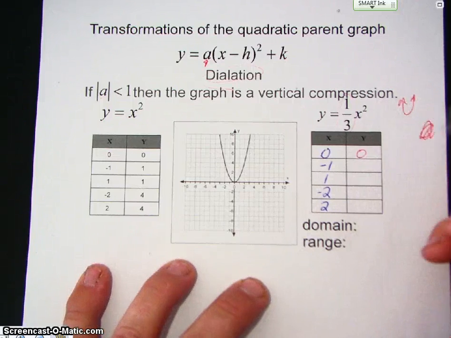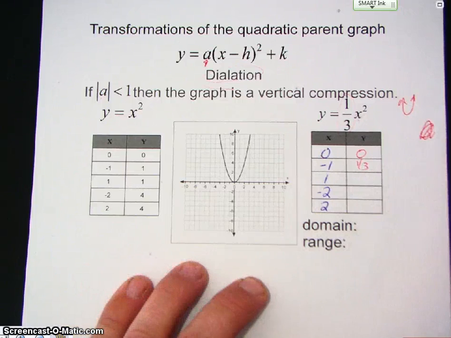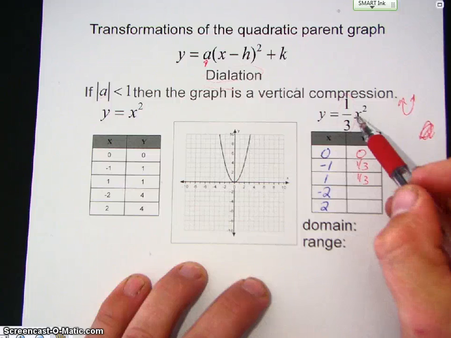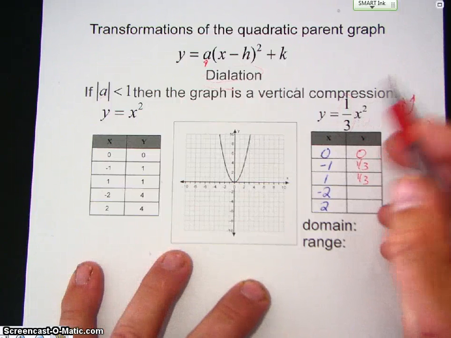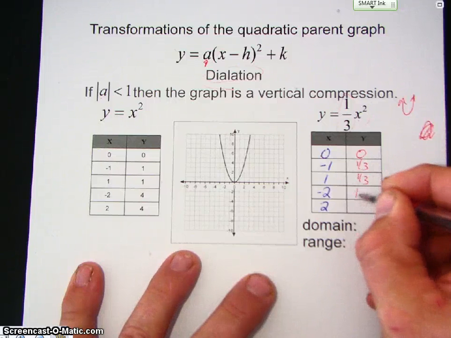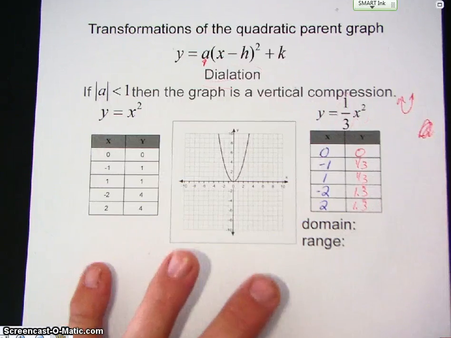I still get 0, but for negative 1, I get positive 1/3. All my values are going to be positive. Positive 1/3. I get 4, and 4 times 1/3 is 4/3, or 1.3 repeating, and same thing for this one, 1.3 repeating.